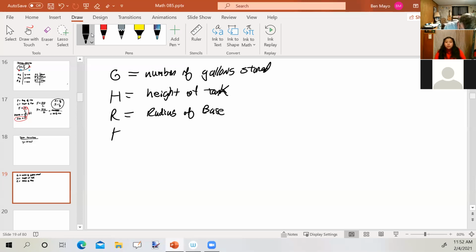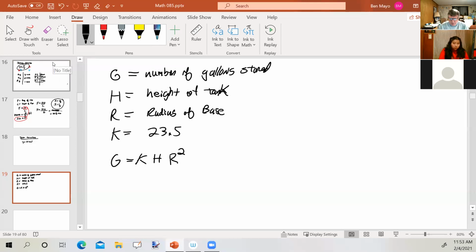And it says the constant of proportionality, or the variation constant, is 23.5. Okay, so our equation, the number of gallons, G, equals K times, see, varies jointly as the height of the tank, so H, and the square of the radius. So we get G equals KHR squared.